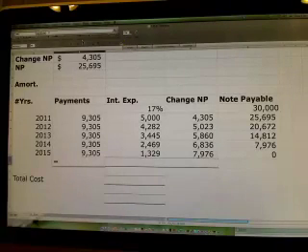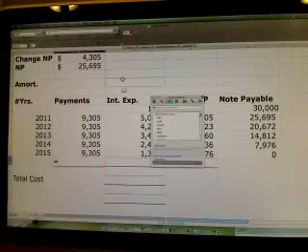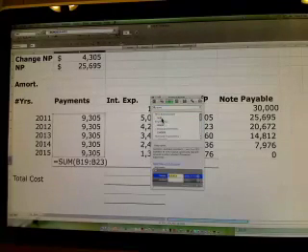Go up to auto sum, click on the drop down menu, go to more functions. Again, I can choose to go into the search and type in sum, or I can drag all the way down until I see the word sum, double click, sum meaning add. And as you can see, what Excel does is it selects the cells directly above the formula cell that you're working in.